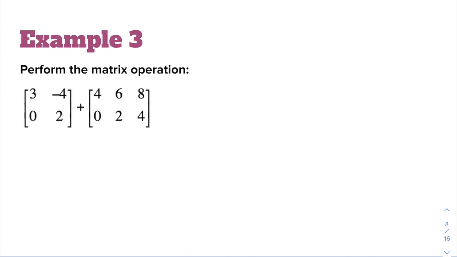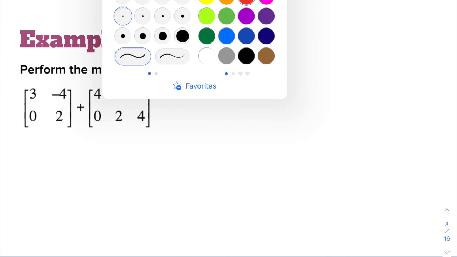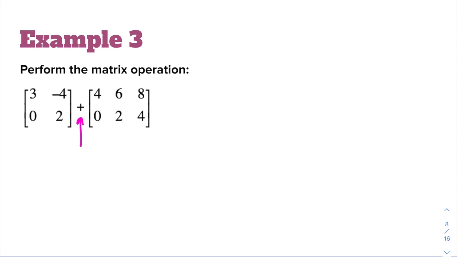On example 3, we are doing matrix addition. So again, we have to check our dimensions. 2 by 2, 2 by 3. Instead of being good to do addition, that is no good. And remember, we cannot do addition or subtraction if we have different dimensions.